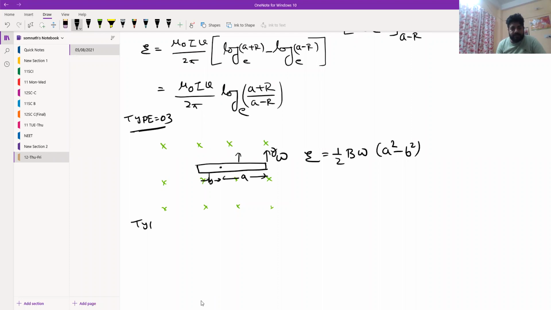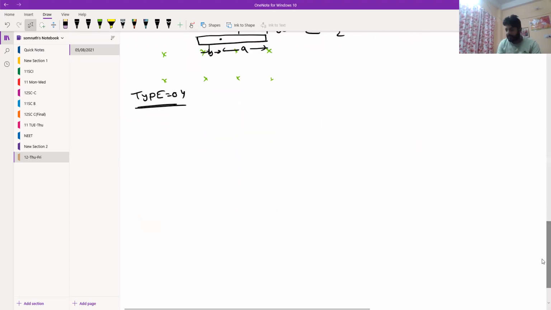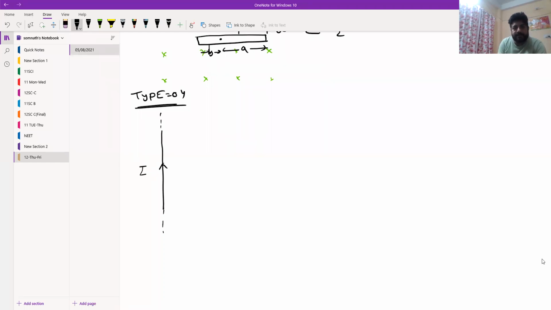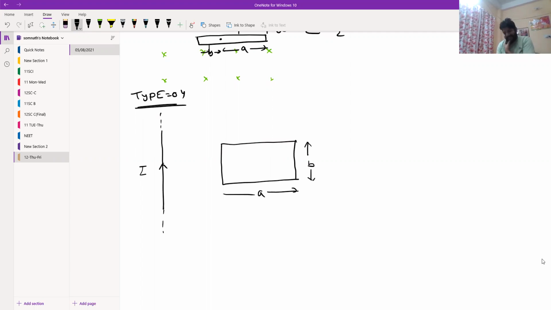Now type 4. What happens in type 4? The examiner gives you an infinitely long wire carrying current I, and there is a rectangular loop with sides A and B, at a distance, suppose R, from the wire.